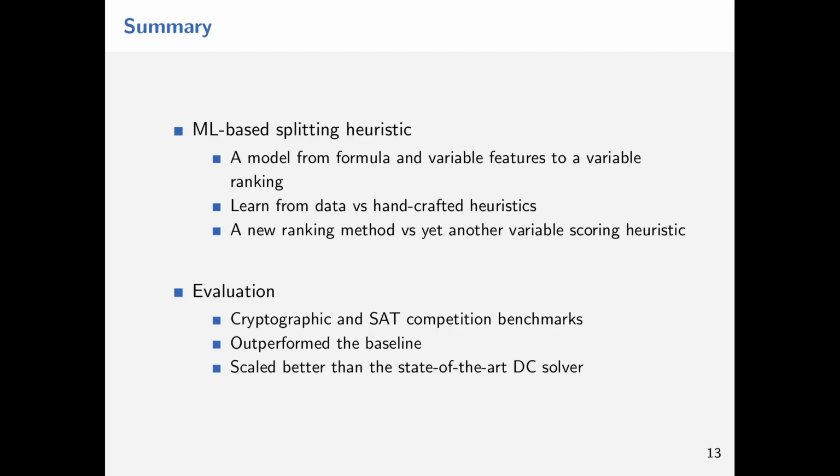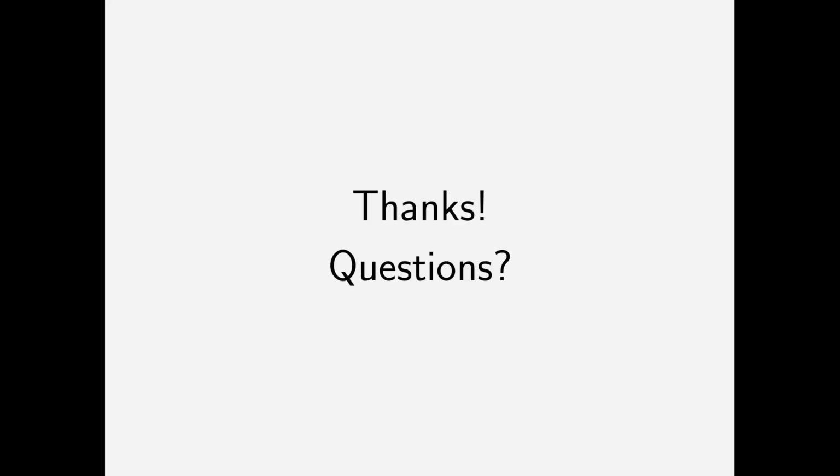And for evaluation, we evaluated our work on two benchmarks, cryptographic and SAT competition. We outperformed the baseline in all of the benchmarks. And we showed that we're scaling better than the state-of-the-art Treengeling divide and conquer solver when we're increasing the number of cores. Thank you very much.